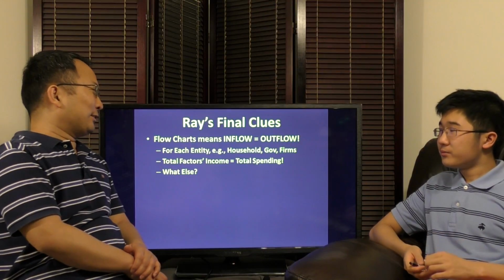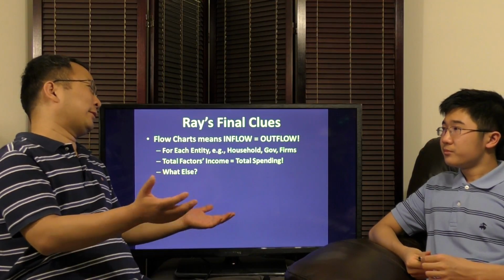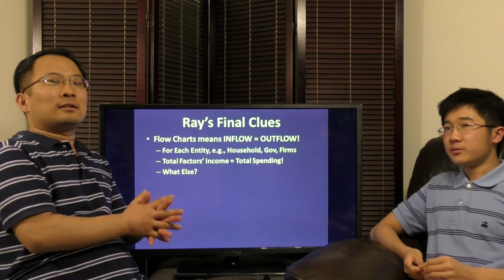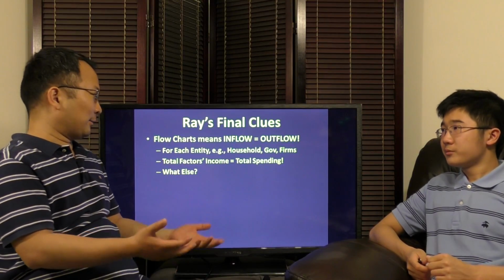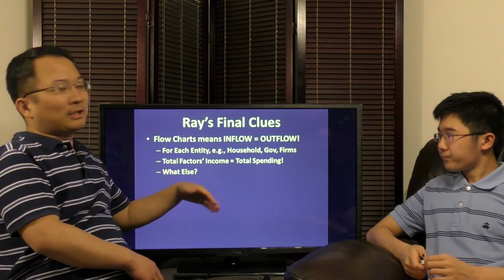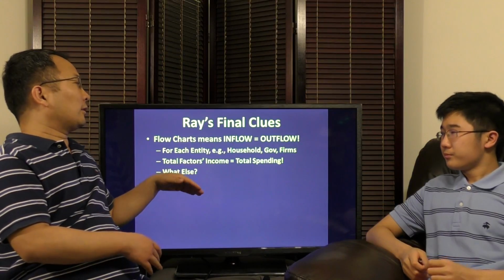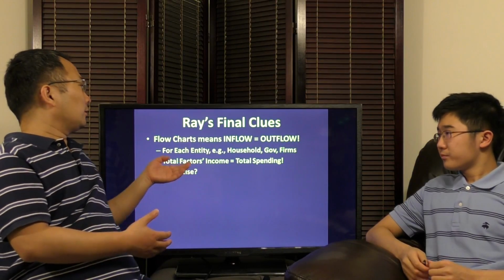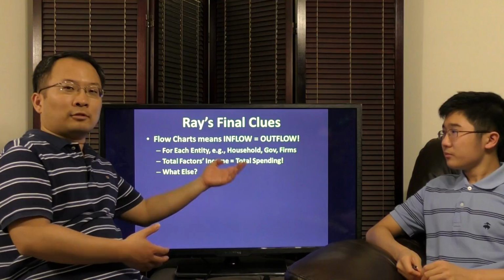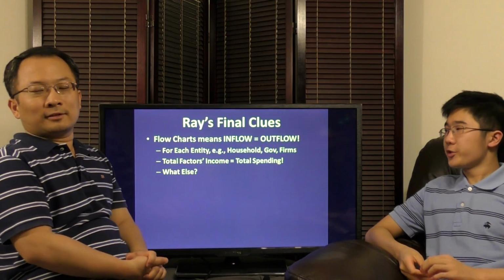Later on when we discuss GDP, we have different ways to measure GDP, gross domestic product. It's all logical. But again, we are basically on the same logic here: total income must equal total spending, for example. So total inflow has to be total outflow, total disposable income.